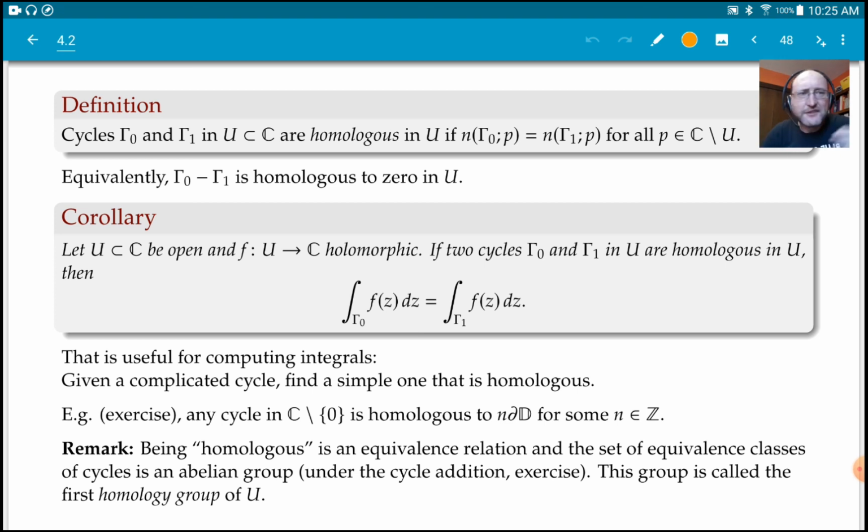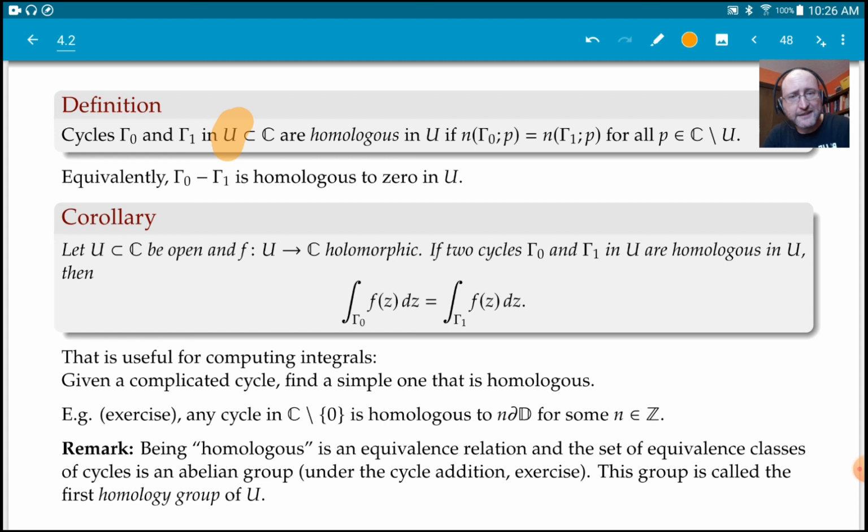Now this actually leads into topology and homology groups. This equivalence relation gives equivalence classes, and you get an abelian group, the homology group of U, of any particular open set, and that really studies how many holes U has.